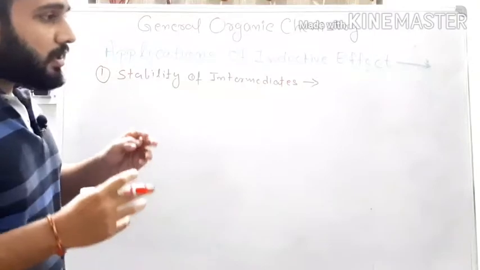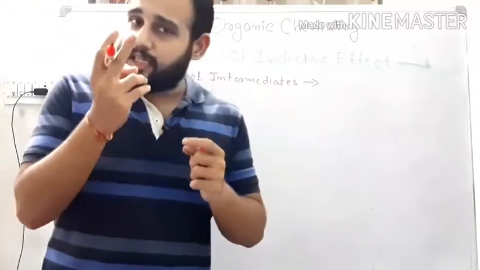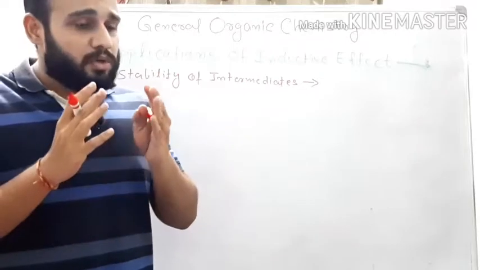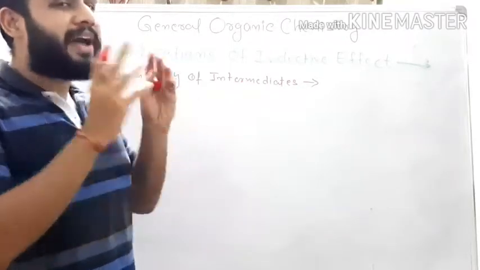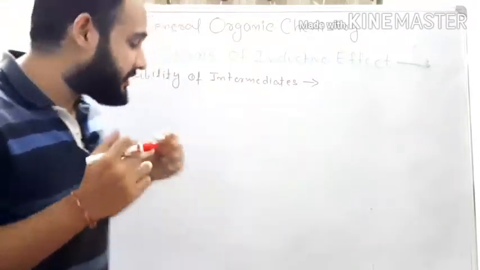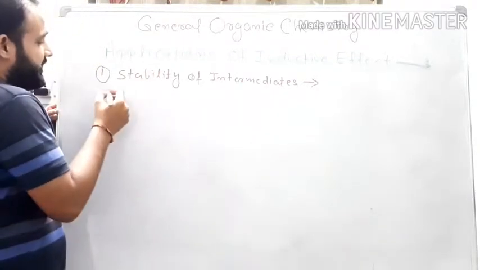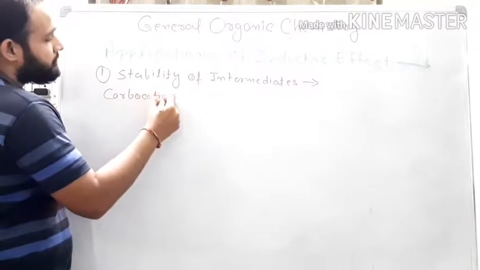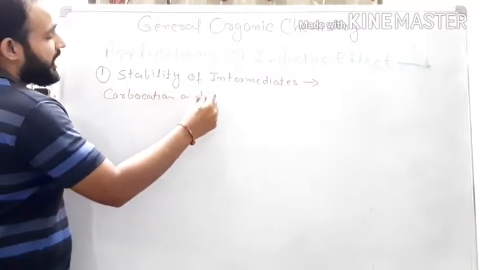Now, in organic chemistry, we have basically two types of intermediates, that is carbocation and carbanion. So their stability can be explained by inductive effect. Now, how can we explain? See, we have two intermediates, carbocation and carbanion.